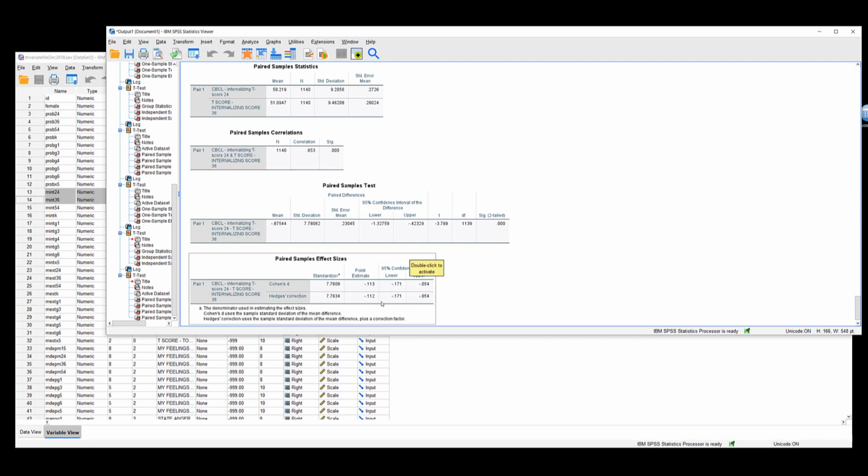And then here we've got our Cohen's d score, and we can actually see it's a smaller effect. We've got a negative 0.113, so we can actually see the effect size. So I think it's important to report this effect size as well.